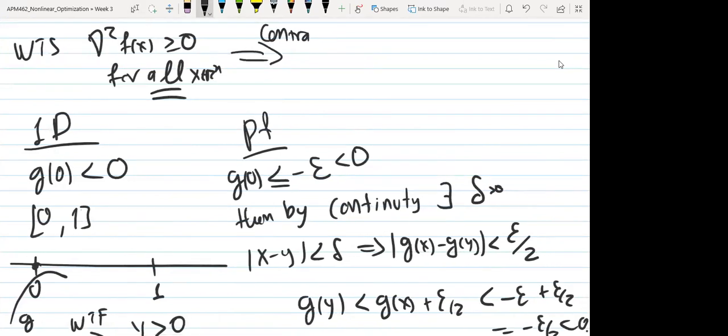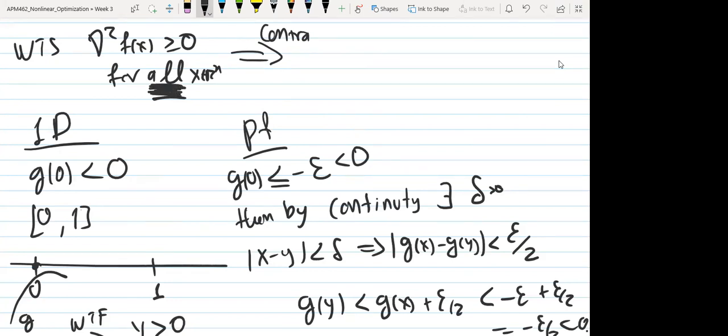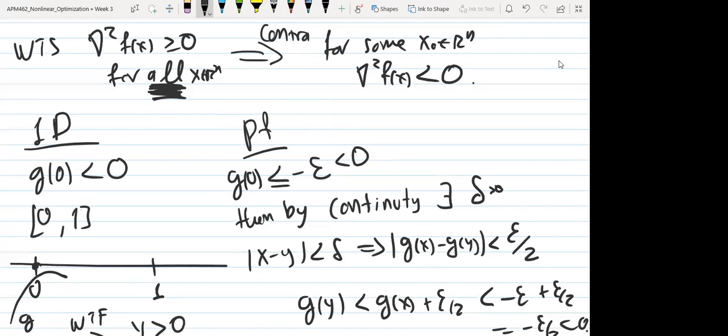That in this case, when we say it's bigger than 0, we're saying it's positive semi-definite. Right, yeah, but what's the contrapositive? That for some x, it is not positive semi-definite. Right, yeah. But aren't there cases where we have matrices that are neither positive or negative semi-definite?